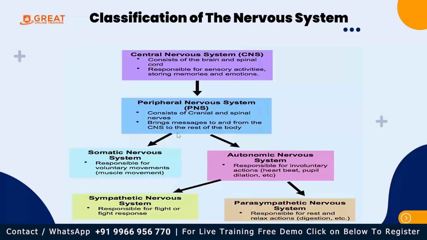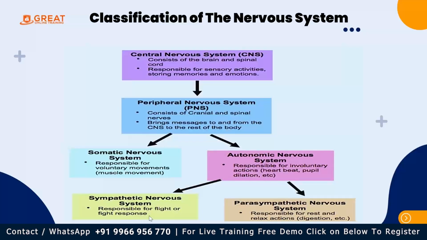The peripheral nervous system is divided into two parts: the somatic nervous system and the autonomic nervous system. The somatic nervous system is responsible for voluntary muscle movement, and the autonomic nervous system is responsible for involuntary actions such as heartbeat, pupil dilation, etc. And again, the autonomic nervous system is divided into two parts: the sympathetic nervous system and the parasympathetic nervous system.